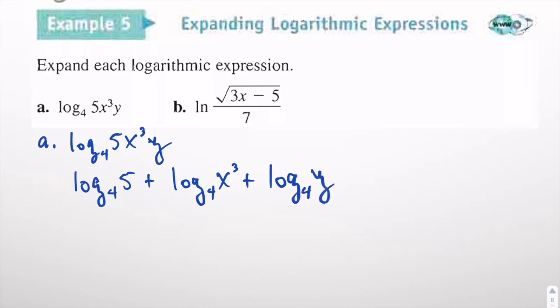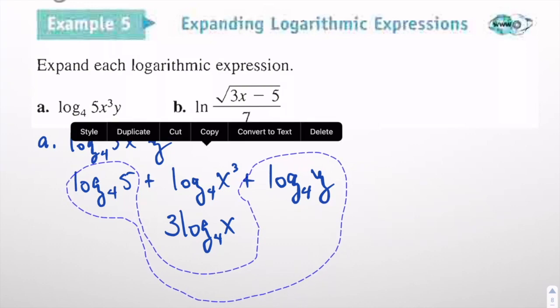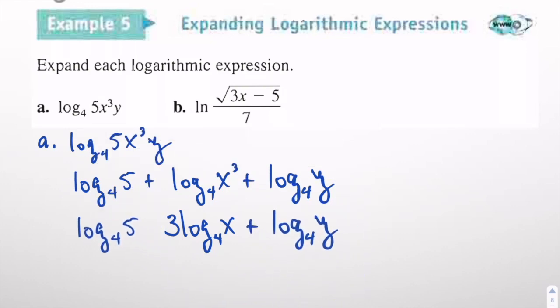Now we can further work this, because I can use the third property and rewrite the middle term here, taking that exponent of x and putting it in front. So 3 log base 4 of x, and everything else just copies down. I lost a plus sign there, so I'll put it right back in. So there's A. That's A expanded.